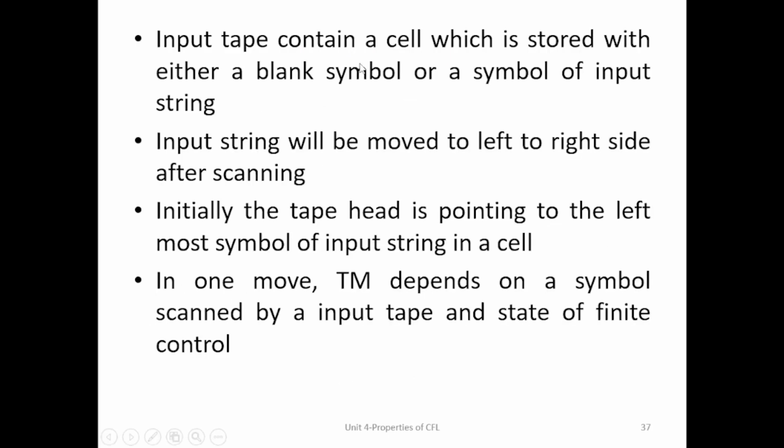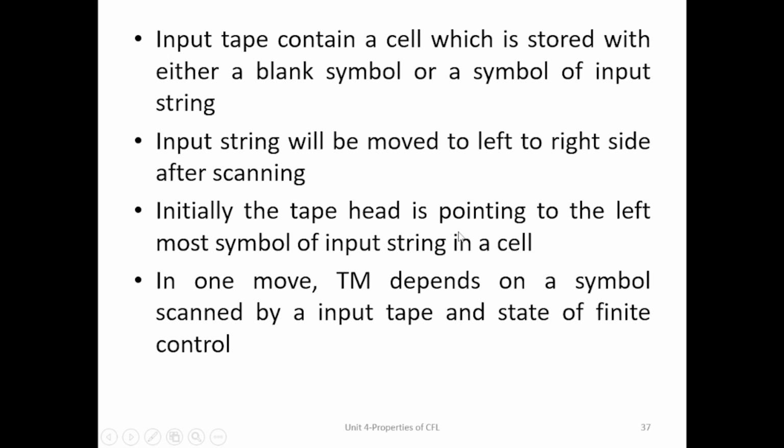So the input contains a collection of cells. Initially all the cells contain a blank space and a few input symbols are stored at a particular location. The finite state control head can be moved left to right or right to left for scanning the input string.